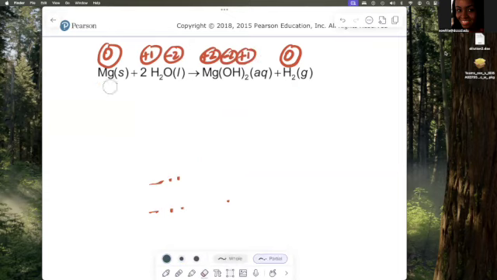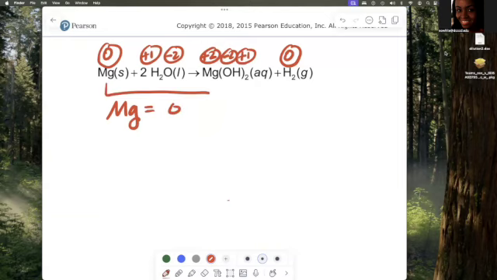Now that we have this sorted out, let's itemize and see how each element is changing. Magnesium goes from 0 oxidation state to +2 oxidation state. It's becoming more positive, so that's going to be oxidation.